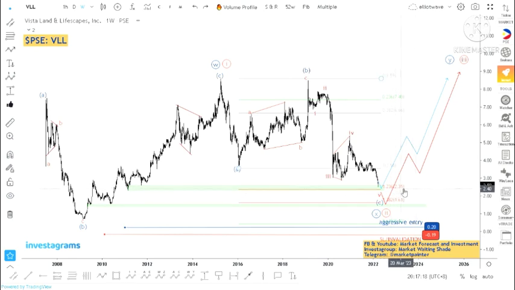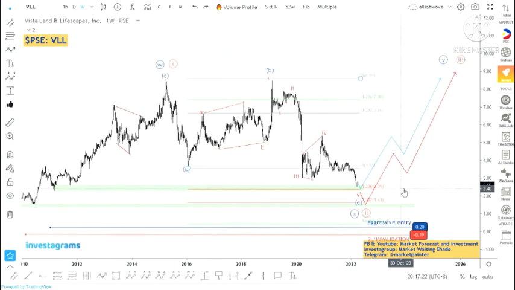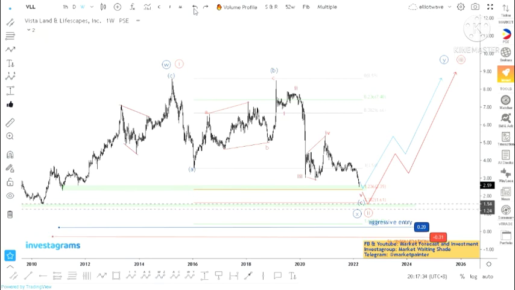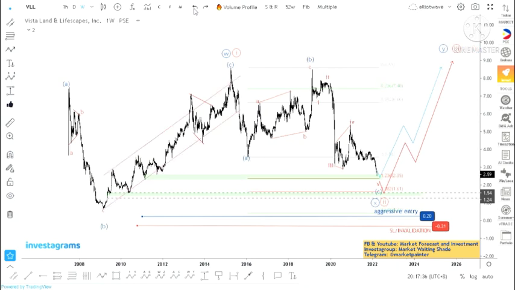This stock will be considered as our watchlist stock for the next coming weeks, and this might be a very profitable investment for all of you.